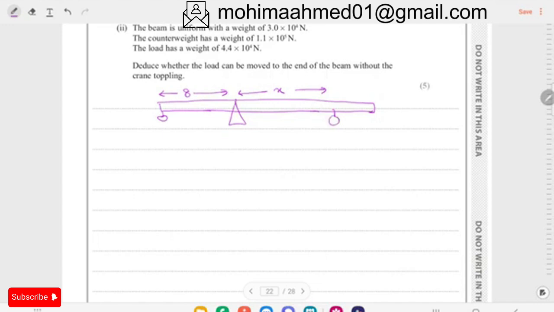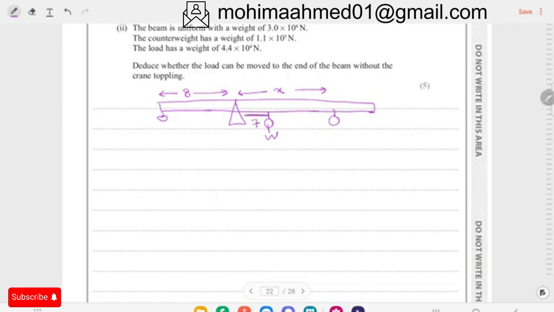And also another thing, the weight of the beam is acting from the center. Since the entire length was 15, if this is the center, if this is the weight, in that case this length will be 30 minus 15 minus 8, which is 7.